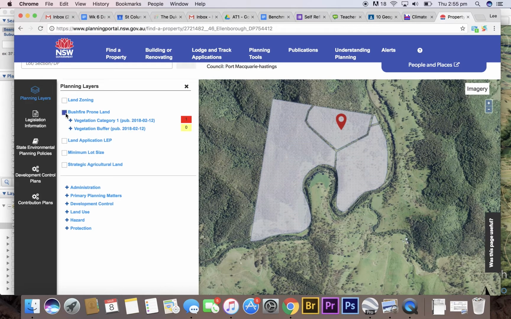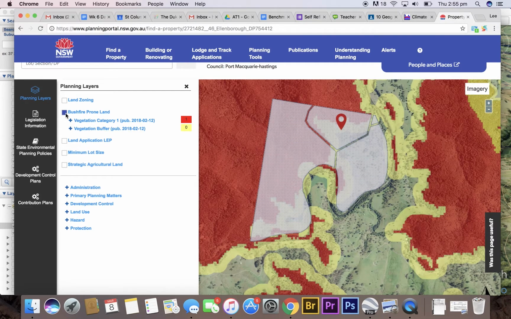Now, with the planning portal, we can see areas that are at risk of fire. Those areas at greatest risk of fire, vegetation category 1, identified in red. And there's a clear relationship between those heavily forested areas and where red colours are. And I'd suggest that these are areas of greatest risk of bushfires.